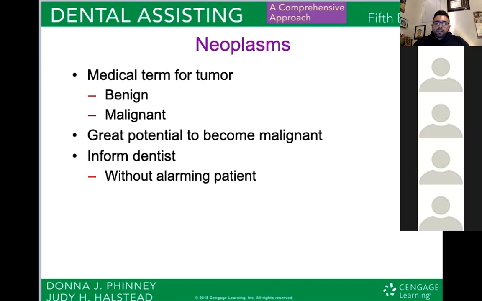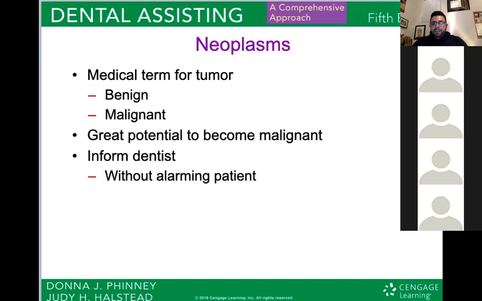So if you see something that looks funny to you, again, you never want to diagnose this because, let's face it, you don't know, and the doctor probably doesn't know either. But you want to inform the dentist without alarming the patient. I want to put a lot of emphasis on that, because if you see something funny in the mouth, you never want to alarm a patient or tell them, oh, I think that could be cancer.